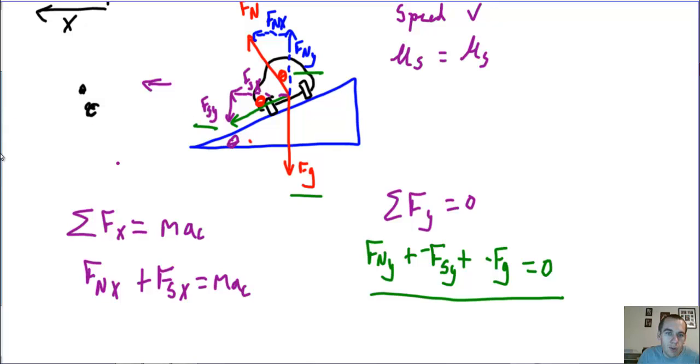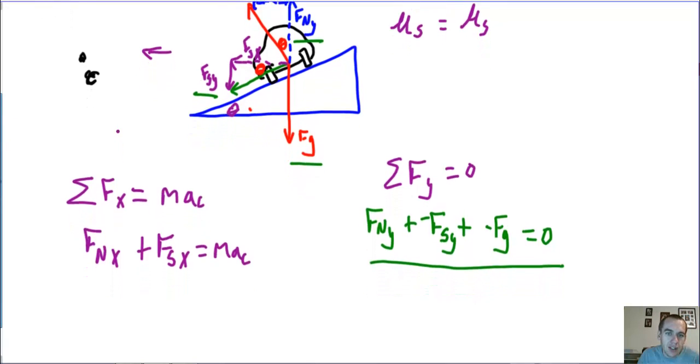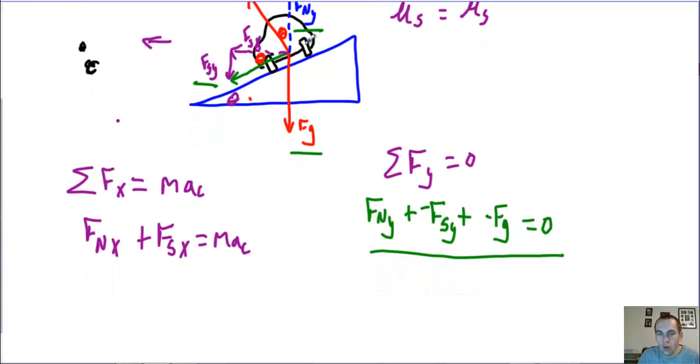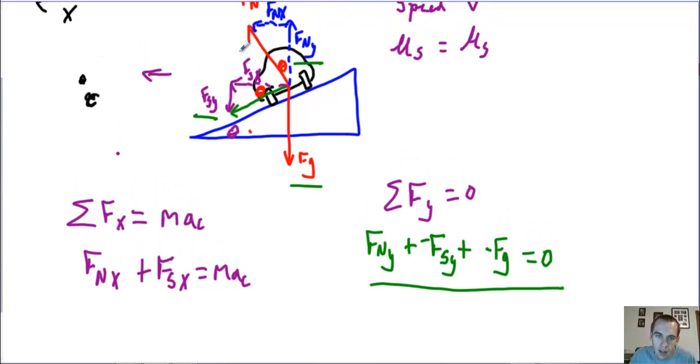If I was going to rewrite this in terms of the magnitudes of friction and the normal force instead of the components, then the y side of my normal force is actually adjacent to that angle. So the normal force in y is equal to the normal force, whatever it is, times the cosine of the angle.